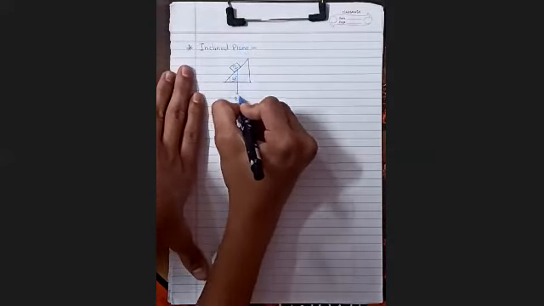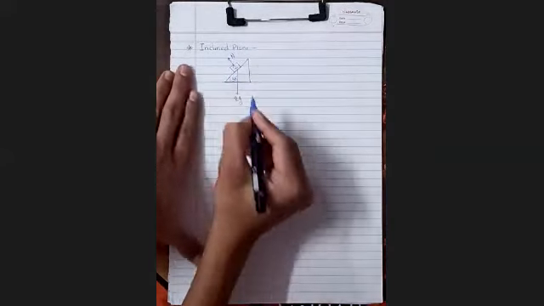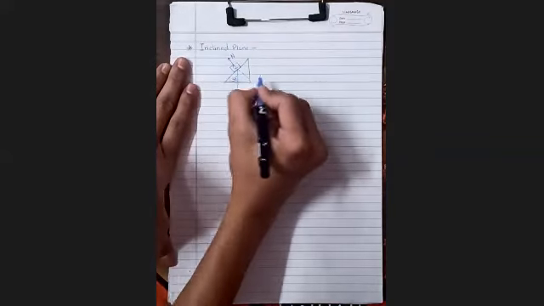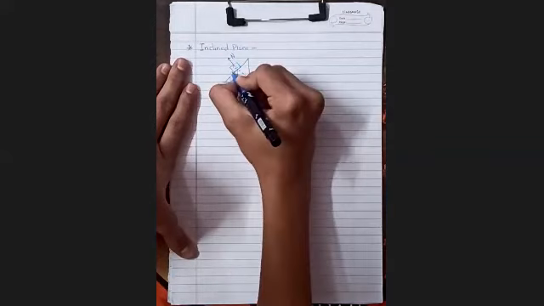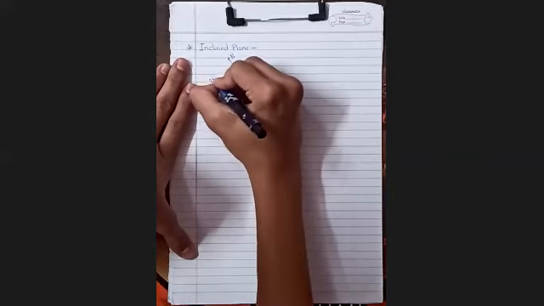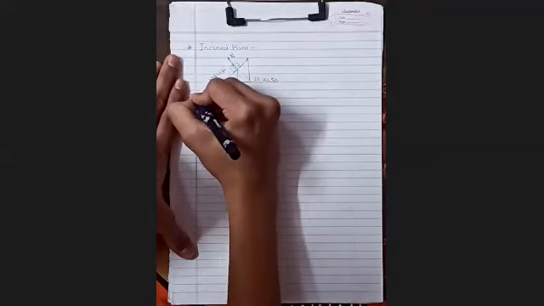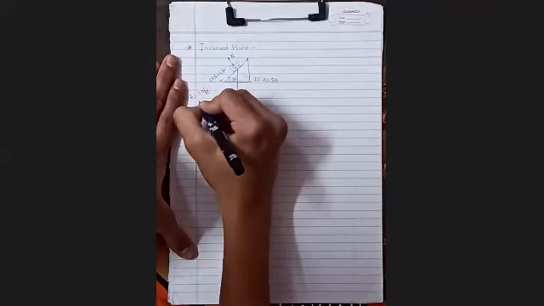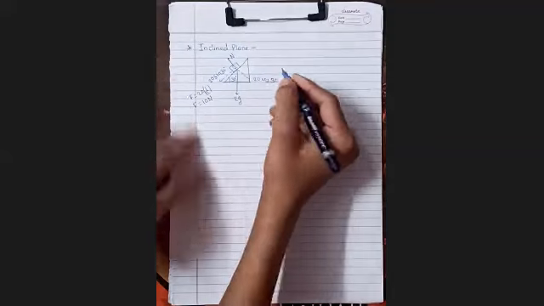So there will be 2g force and the normal reaction is perpendicular to the surface. If we divide the 2g force into components, in this direction there will be 20 cos 30 degree and in this direction 20 sin 30 degree. So here the force value we get is 10 Newton.